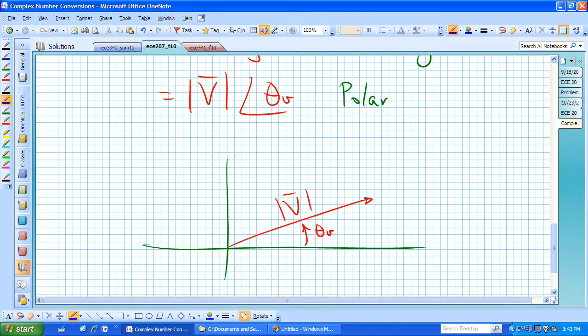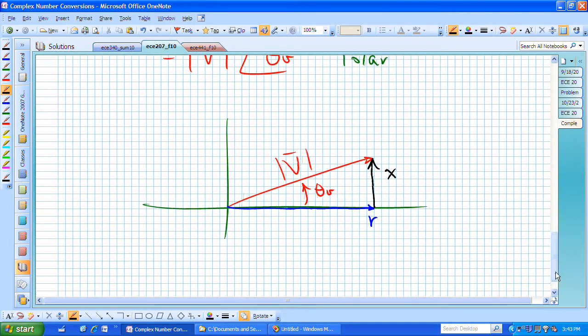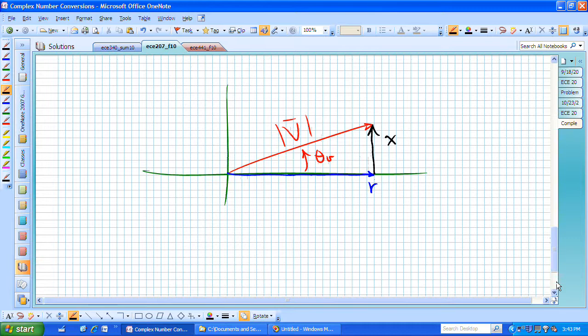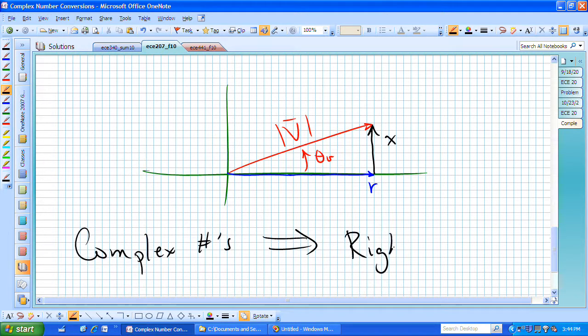Or you could think of that as walking horizontally a distance r, and then making a 90-degree turn and walking the vertical distance, the length of my imaginary number, and there is your right triangle. Complex numbers are really no harder than being able to use right triangles.